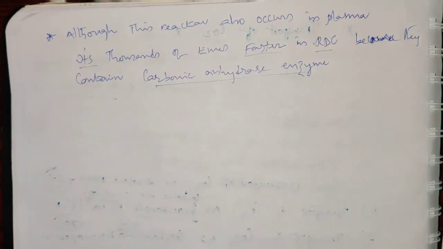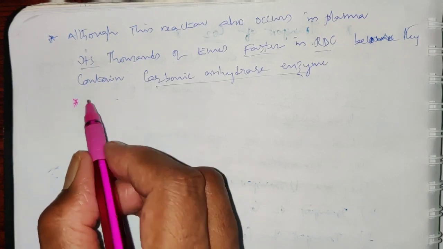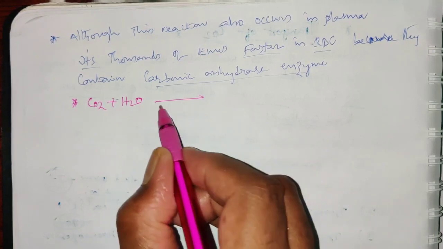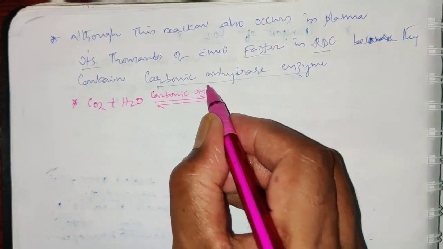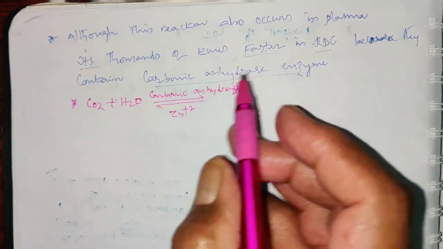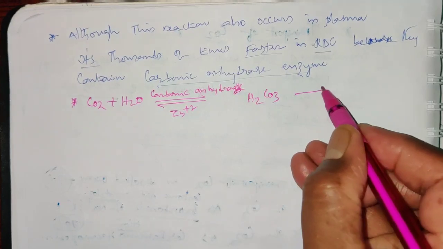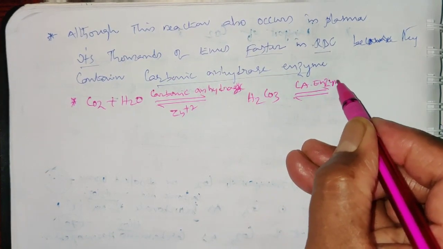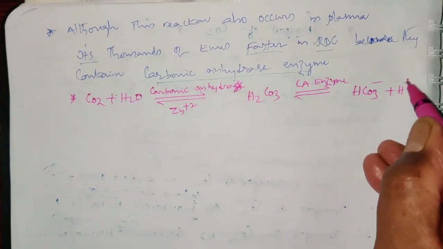This can be shown in the equation: CO2 plus water, with carbonic anhydrase as the enzyme and zinc ions, gives H2CO3, carbonic acid, a reversible reaction, again with carbonic anhydrase enzyme, giving HCO3 minus bicarbonate ions plus H plus ions.